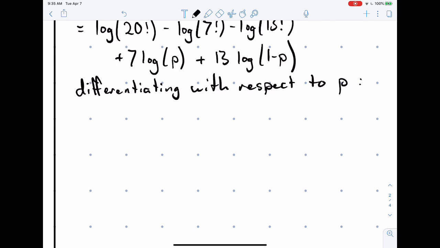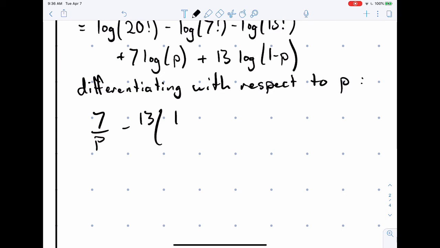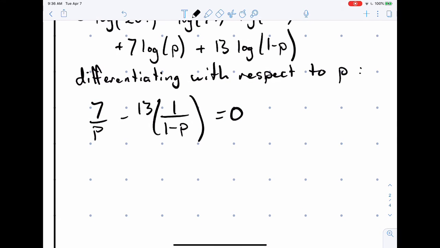That gives us 7 over p minus 13 times 1 over 1 minus p. So we differentiate, and then we set this equal to 0. So this is the idea of the mathematical optimization. We can now solve it.